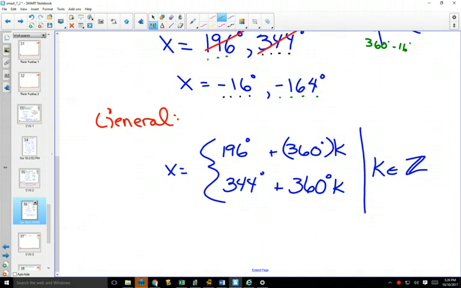So when you're writing the general solution, all you're doing is writing all coterminal angles that end at a certain spot. Whatever number is here just has to be one of those. 196 plus or minus 360. You can have plus or minus, but the fact that k is an integer adds or subtracts, because k can be positive or negative. Would you agree that 1,000 times around the circle would be 36,000?